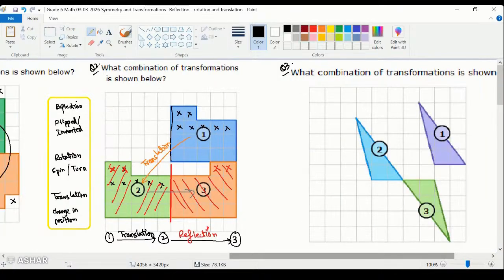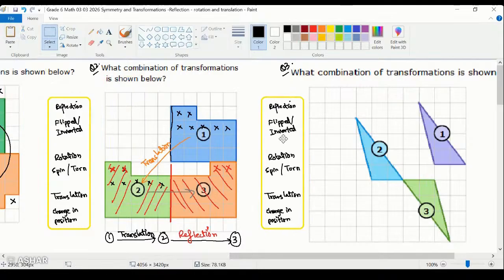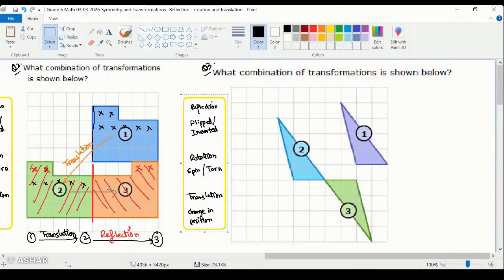I'll just copy this information so that we can reuse this. So what we can say is, if we say this was the shape number 1 over here, can we say the shape number 1 was exactly moved to shape number 2?